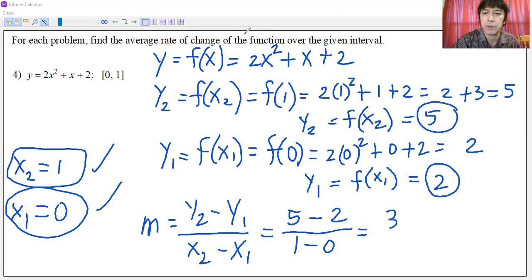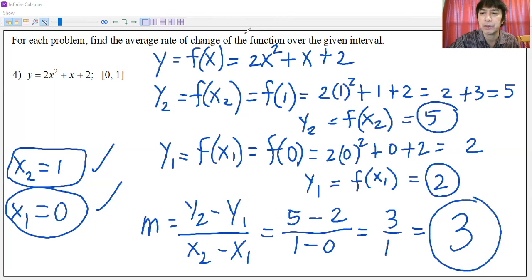This is 3 over 1. That's 3. Our answer is 3. The average rate of change is 3. This is the answer, and we can verify this over here. You can see the answer at the left side there.